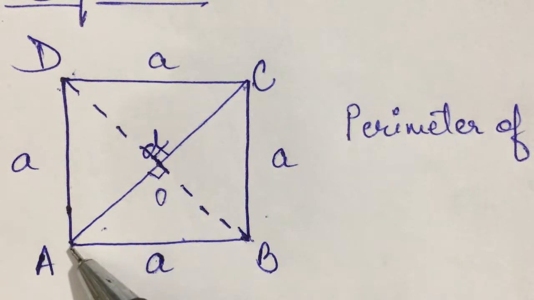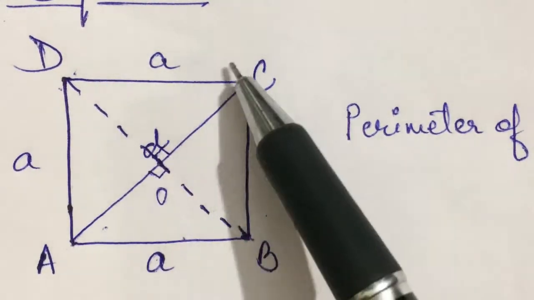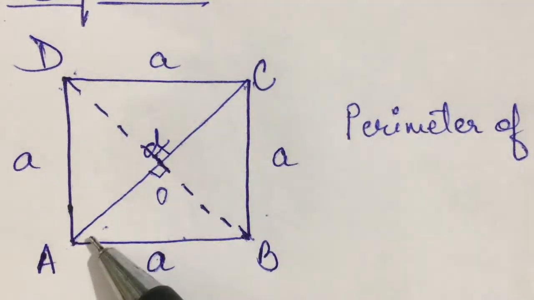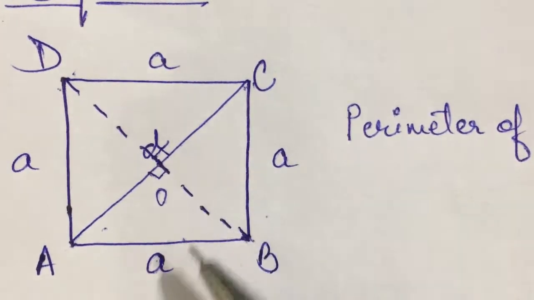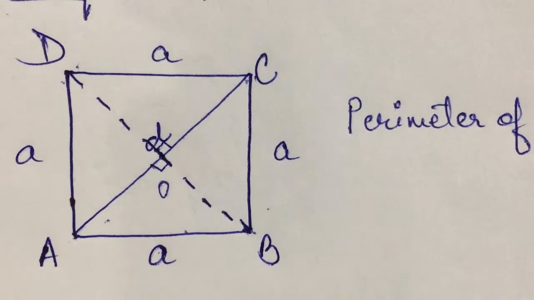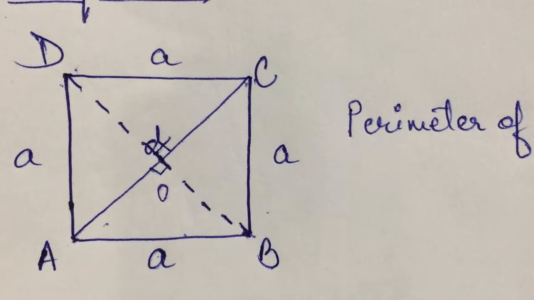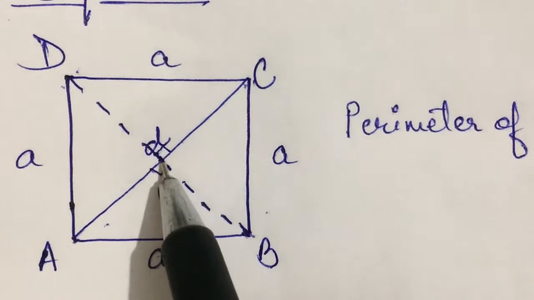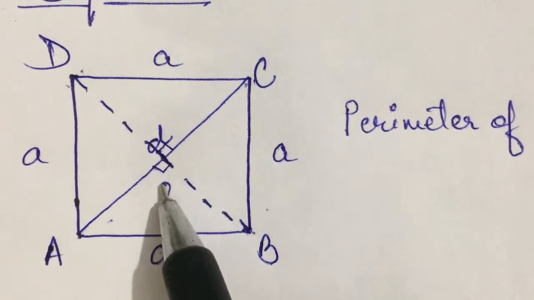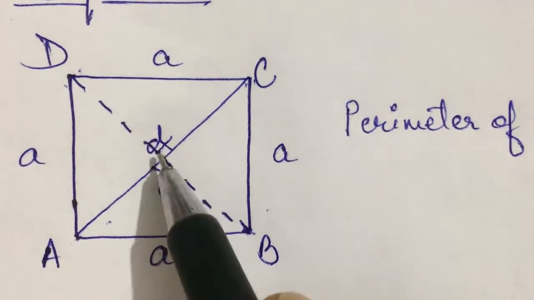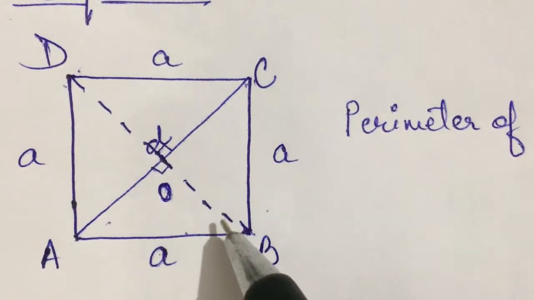Now the diagonal is a line which joins the opposite vertices in a quadrilateral. So this is a diagonal. In a square we have two diagonals and both the diagonals are equal in length. This is the point of intersection which we have taken as O. O is the point where these two diagonals intersect each other.